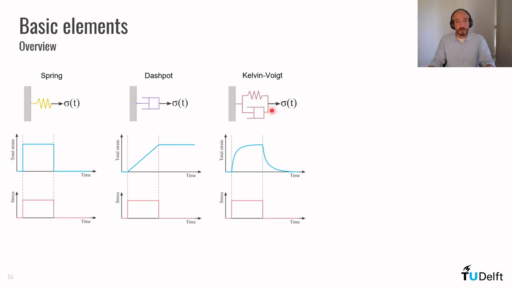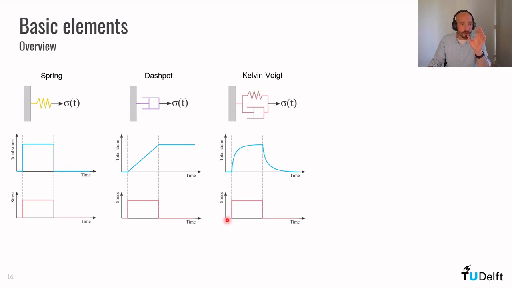So part of this stress will be balanced by the stress in this spring and by the stress in this dashpot. The stress in the spring is given by the deformation of that spring. The deformation of that spring is the same as the deformation of the dashpot. This is important. It's all a single deformation here.